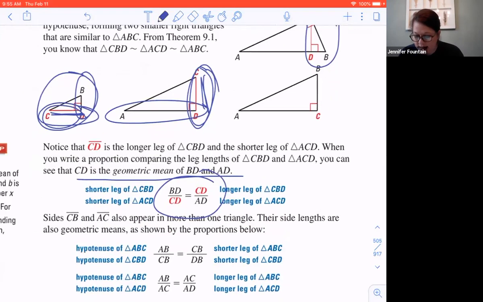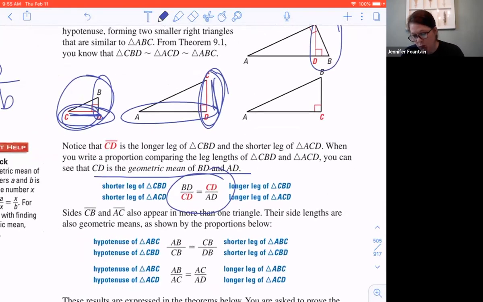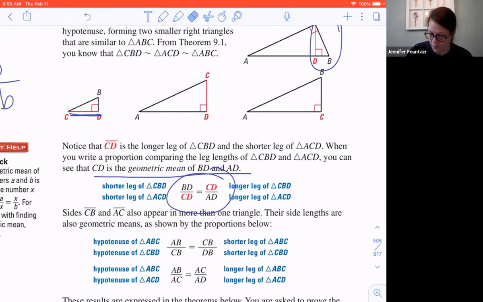All right, it says sides CB and AC also appear in more than one triangle. Their side lengths are also geometric means shown by the proportions below. So I can see that I can take the hypotenuse of each of them and I can compare them. Hypotenuse over hypotenuse is going to be equal to shorter leg of one over shorter leg of the other.